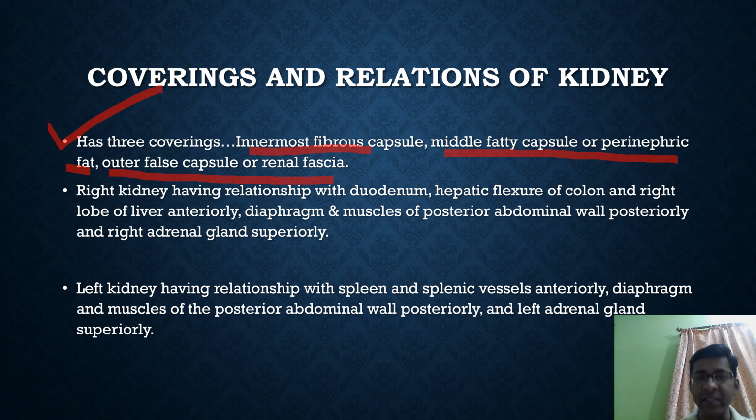Now coming to the relationship of the kidney, meaning which organs remain anterior and posterior to both the right and left kidney. Coming to the right kidney, it is better to see the next slide.